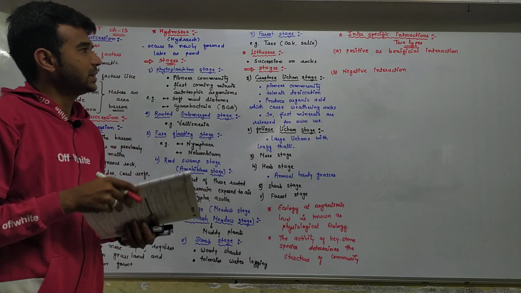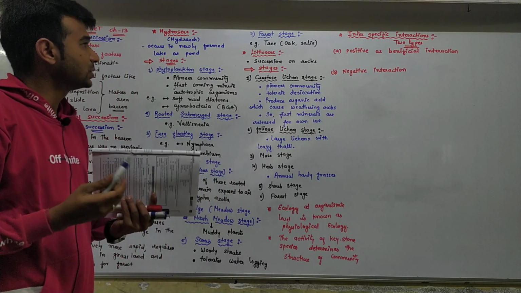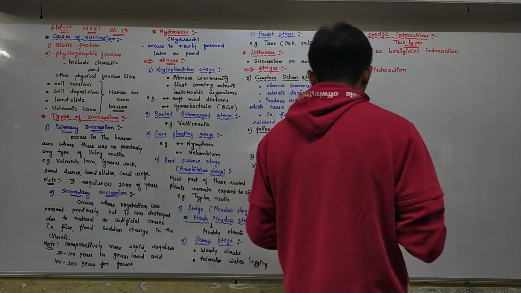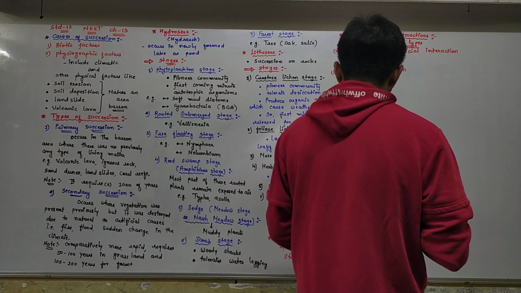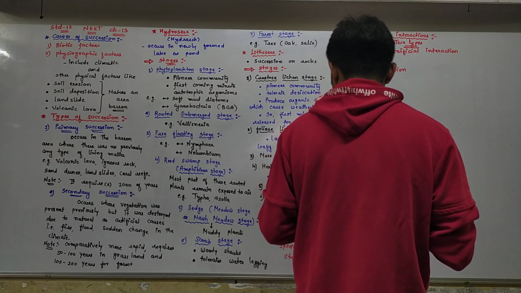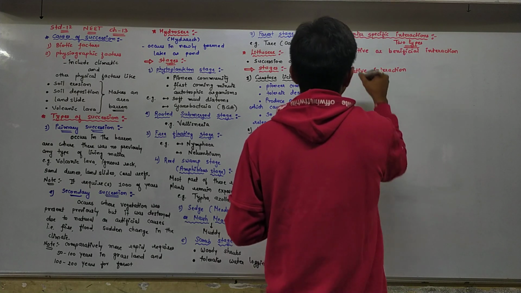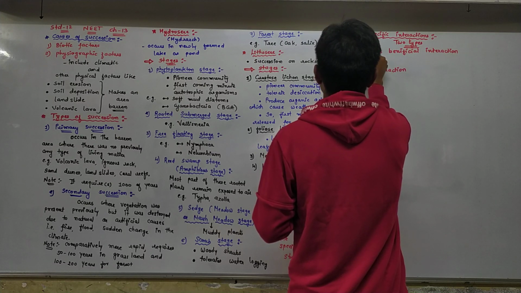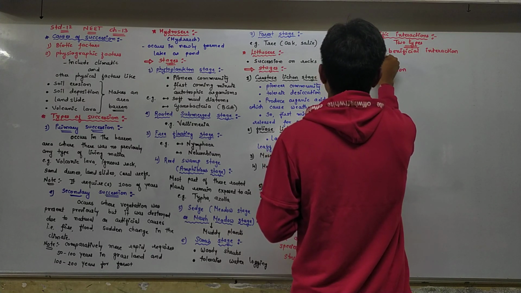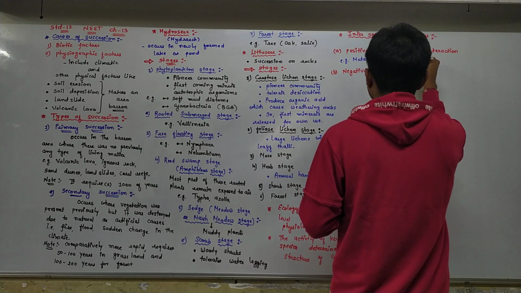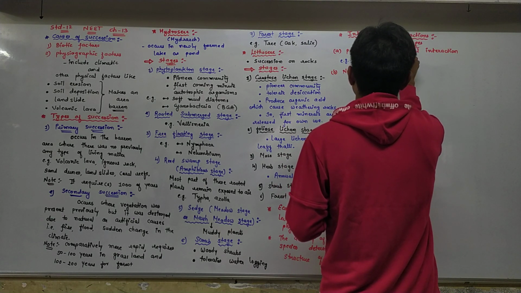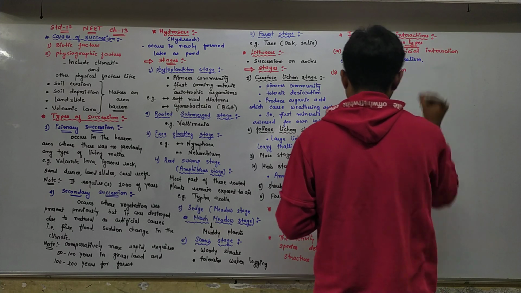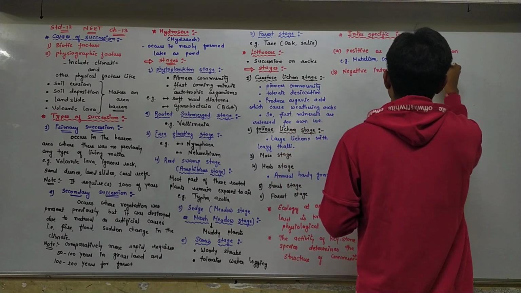Positive or beneficial interaction. So here member of one or both interacting species benefited but neither is harmed. Example, mutualism, commensalism, proto-cooperation.